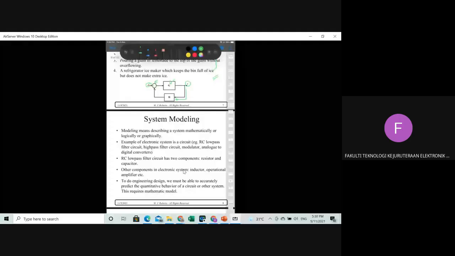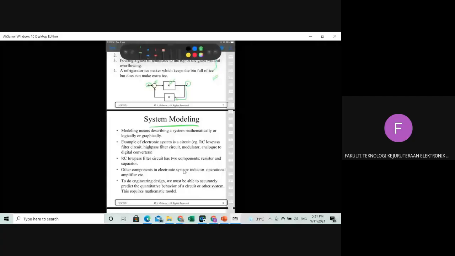Okay, so system modeling. You know that you learned signals before, and then we have here the system. System modeling means describing the system mathematically, graphically or logically.